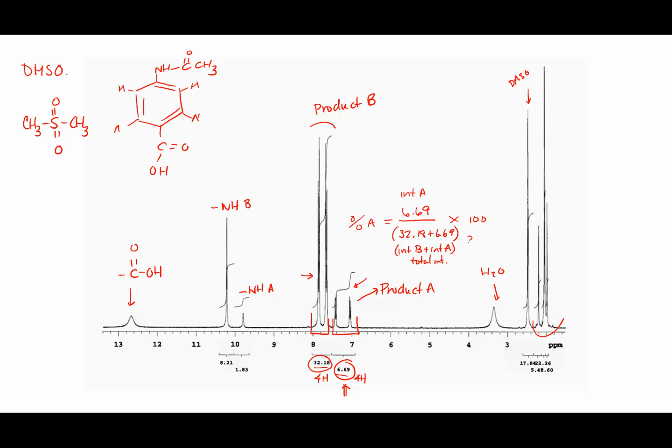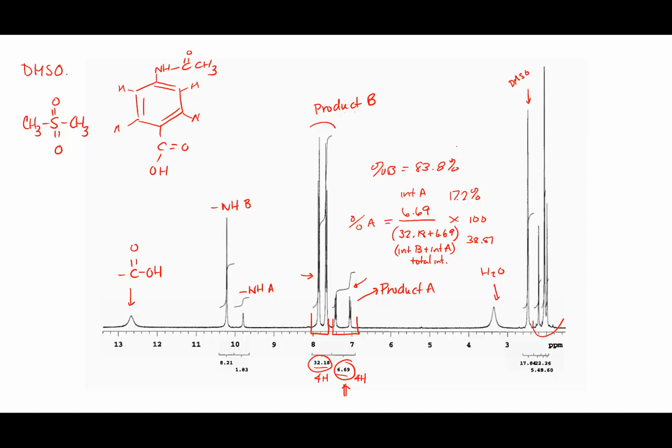So that total is 38.87. 6.69 divided by 38.87, times 100, so the percentage of A was 17.2%, which means that the percentage of B is equal to 100 minus 17.2, and that's going to be 83.8%.